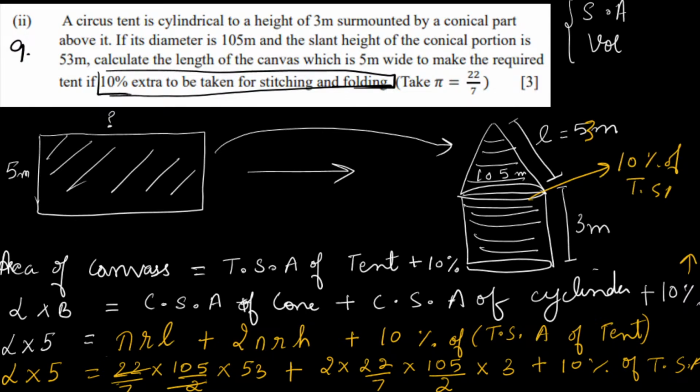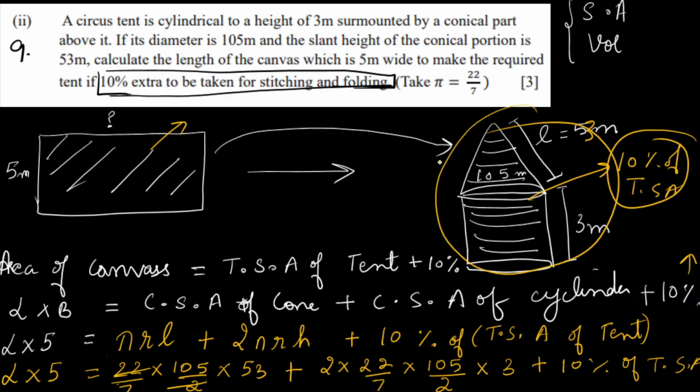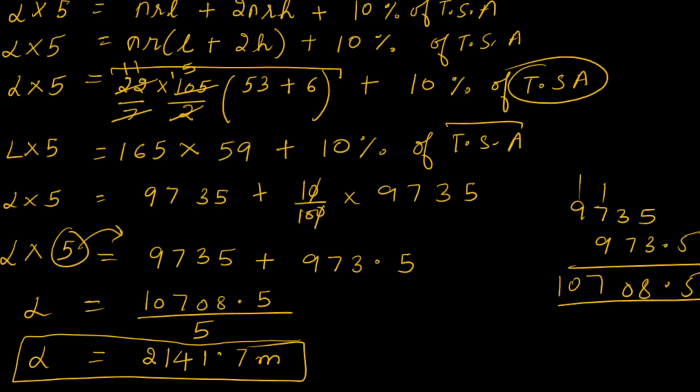We have to add 10% of the total surface area of the tent, because if you add 10% of the area of a rectangle, this will become more. So you have to add on this side only. Both the areas you have to compare and you can find the required length.